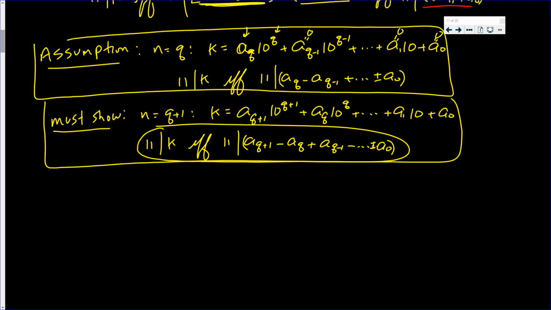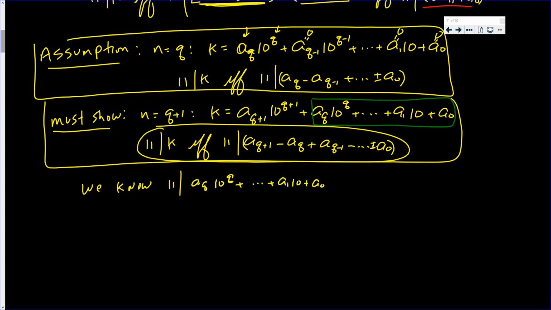So, let's see how we can show this. Now, we know 11 divides what I just put in green, aq 10 to the q, all the way down to a1 times 10 plus a0, if and only if 11 divides that: aq minus a(q minus 1) plus all the way down to plus minus a0.